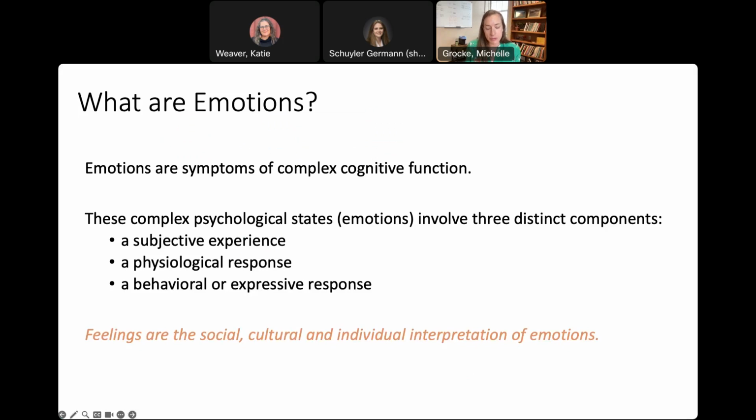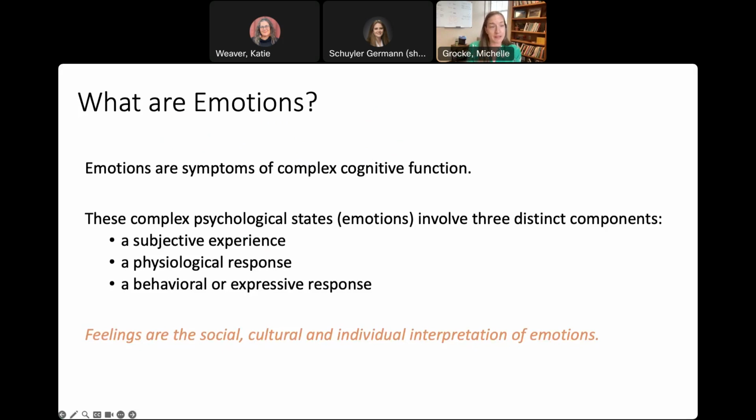I think it's really important to recognize that emotions are symptoms of complex cognitive function that we as humans engage in on a day-to-day basis. That's not to say that other species don't have the capacity for emotions, but the way that humans can feel and experience emotions is quite complex and involves three distinct components.